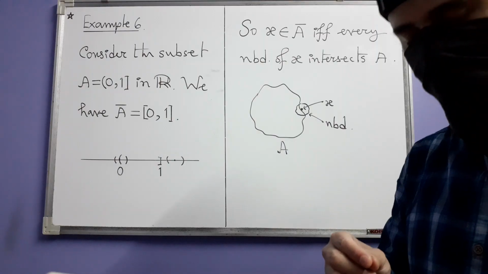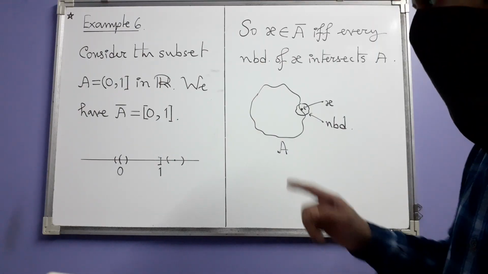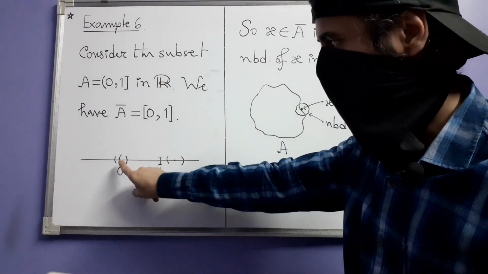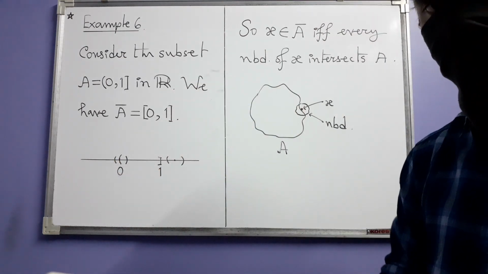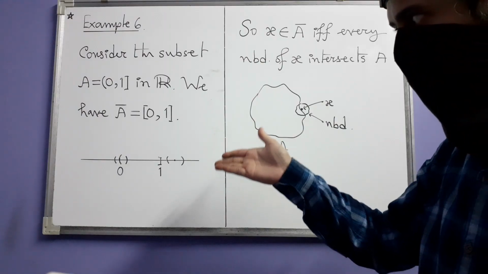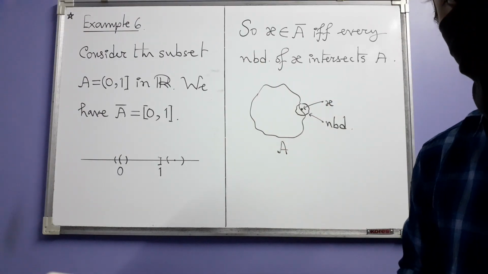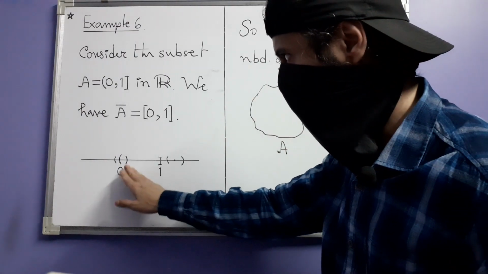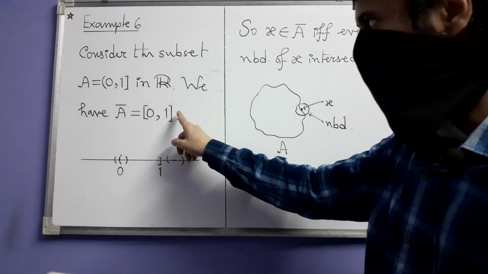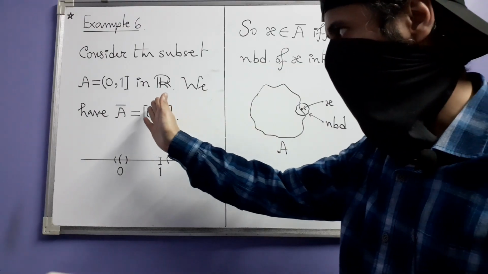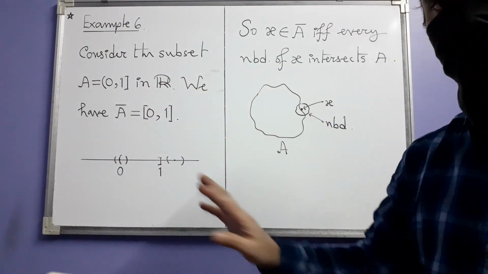And in fact, here you can observe that we have chosen a basis element for the topology on R. So we are actually using part B of that result here, and that is how 0 belongs to A bar.